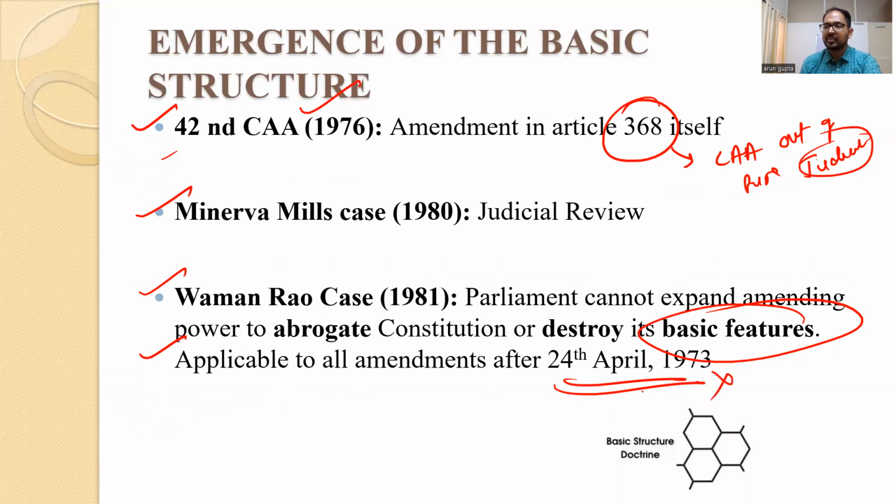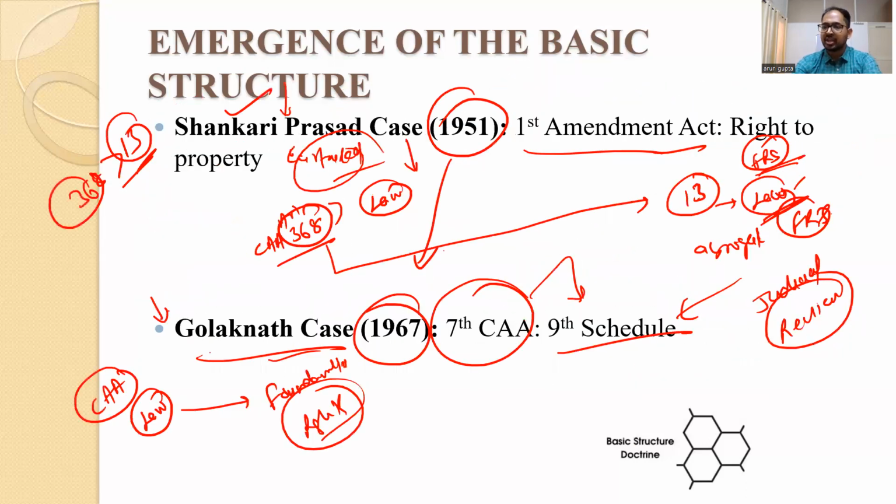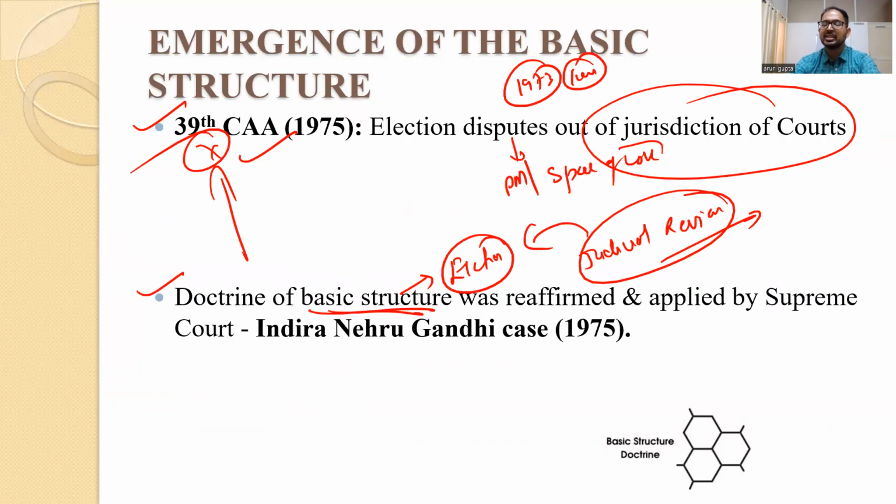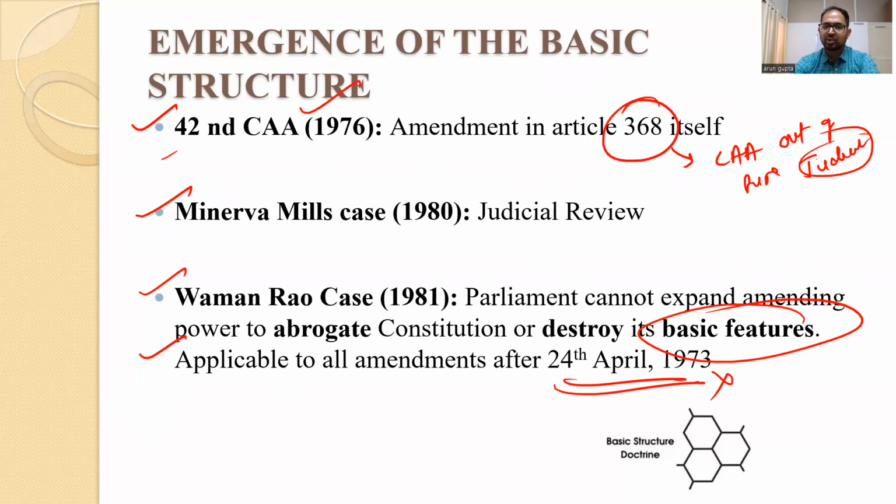That is the date of the Keshavananda Bharati case, right? So like this, if you look at it from the start: Shankari Prasad case, Golaknath case, 24th Amendment, Keshavananda Bharati case, 39th Amendment, Indira Nehru Gandhi case, 42nd Constitutional Amendment Act, Minerva Mills case, and Waman Rao case.